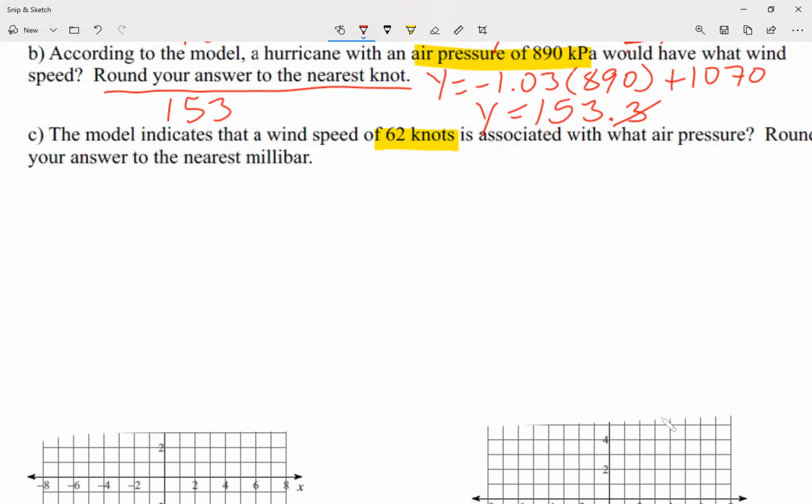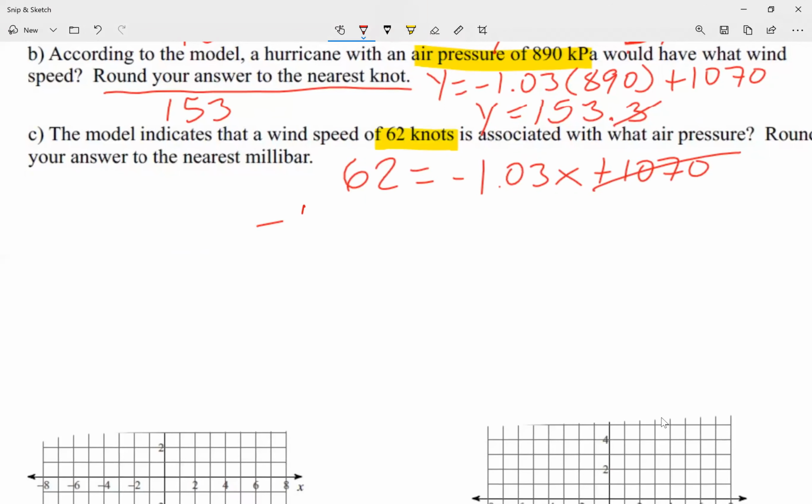So let me rewrite this as 62 equals negative 1.03 times X plus 1070. Let me subtract the 1070.